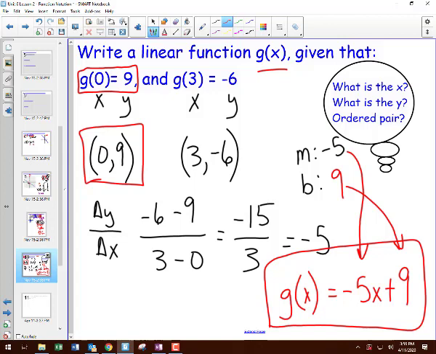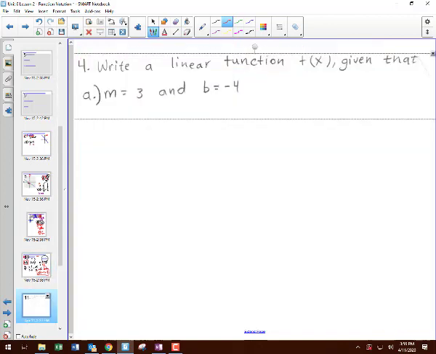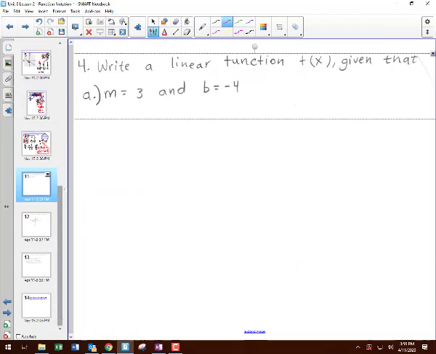Okay, let's do a couple from your assignment here. I'll do 3 examples. Your first one is write a linear function, or write that rule, given that m is 3 and b is negative 4.